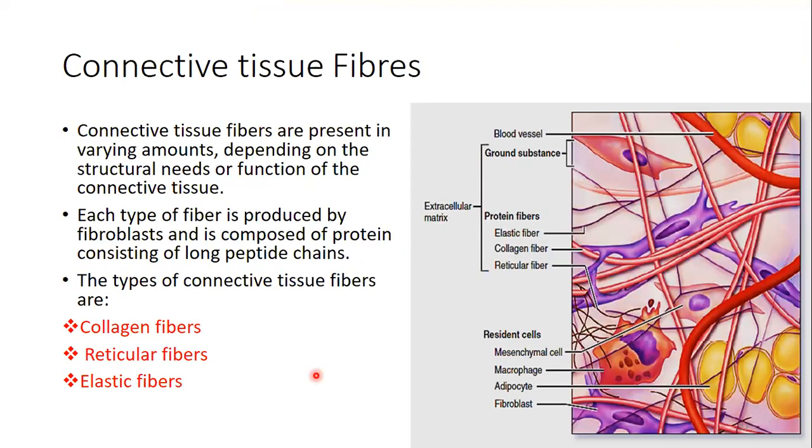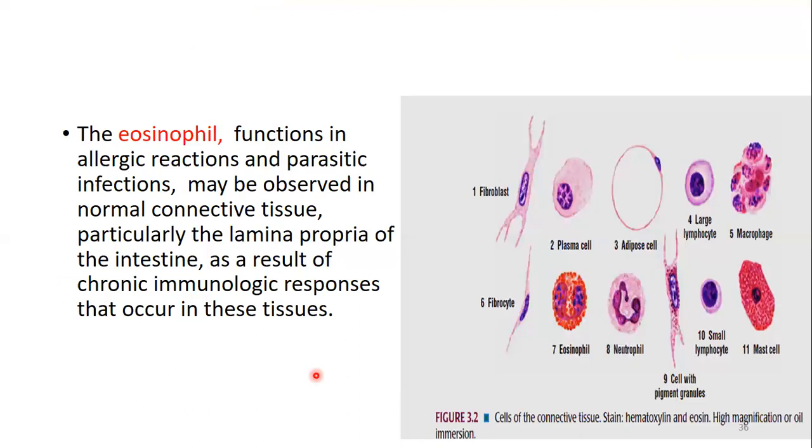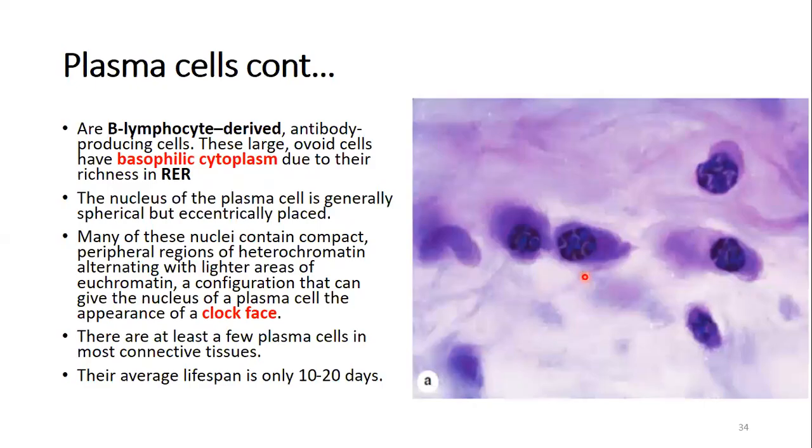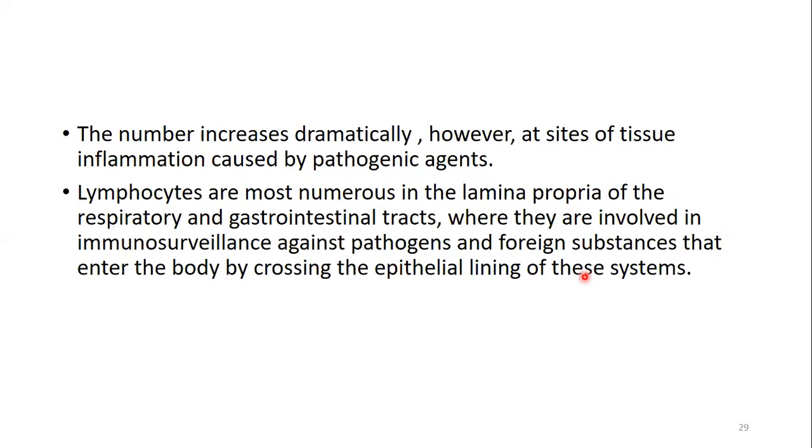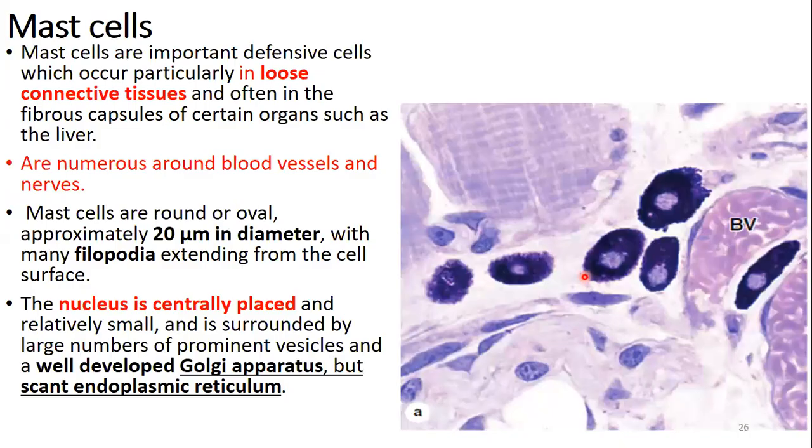Okay, so this diagram here is showing us all the cells of connective tissue, both the permanent cells and the transient cells. I'm sure you remember which ones are permanent, which ones are transient cells.